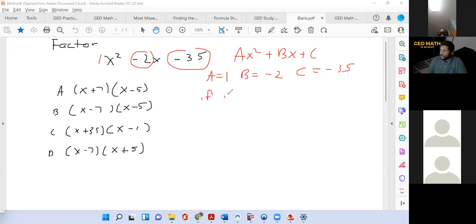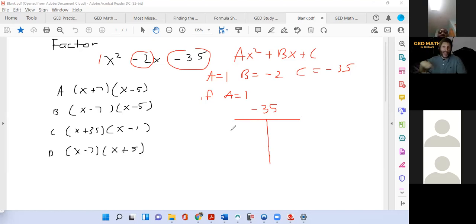If A is 1, I want you to find the factor pairs of -35. Can somebody tell me the factor pairs of -35? What 2 numbers can we multiply together to get -35? Let's start with 1 first.